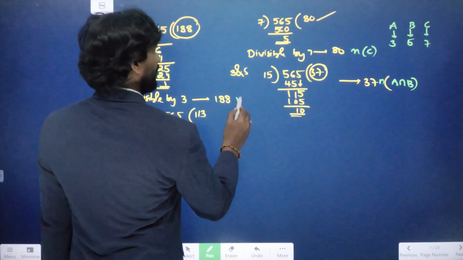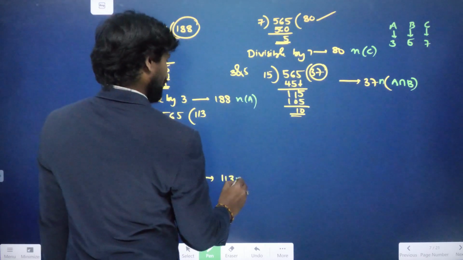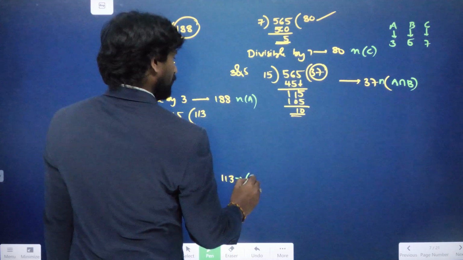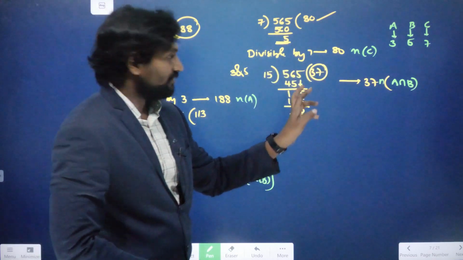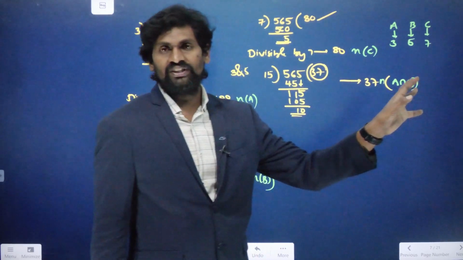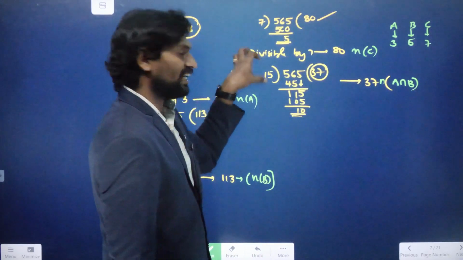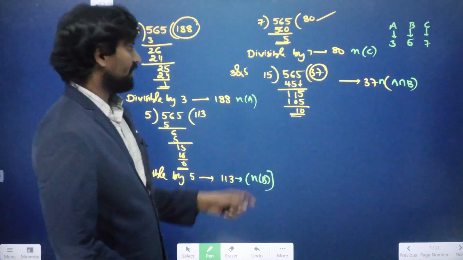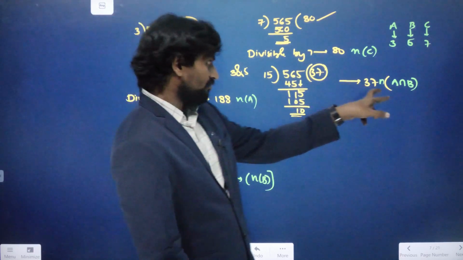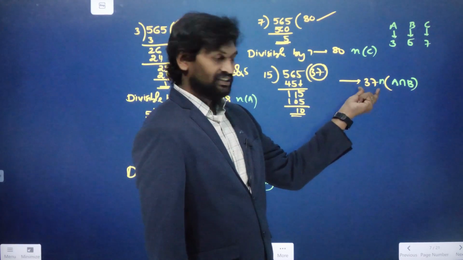So first one we can take N of A, second one N of B, third one N of C, and the fourth one N of A intersection B, that is the combination of both 3 and 5. Let us take 3 and 7 combination. So 3 and 5 combination, N of A intersection B, we are getting 37.